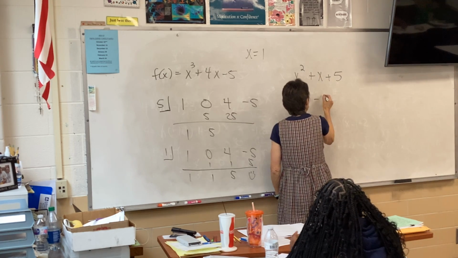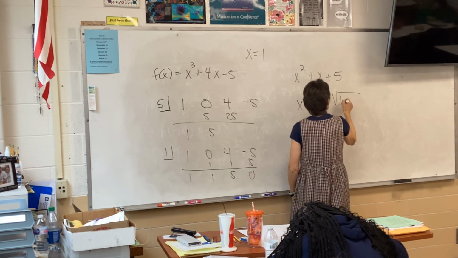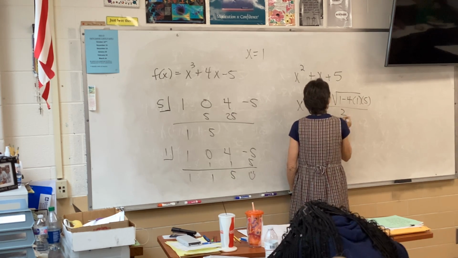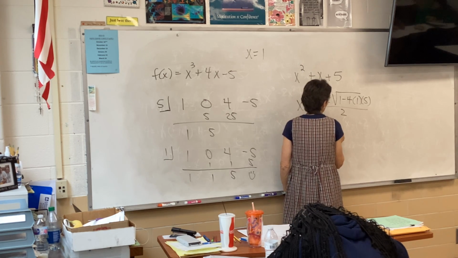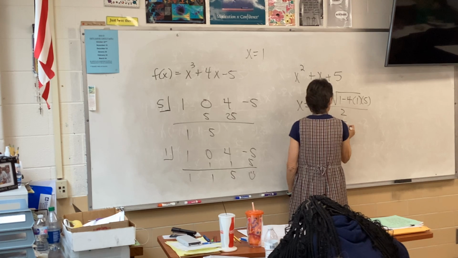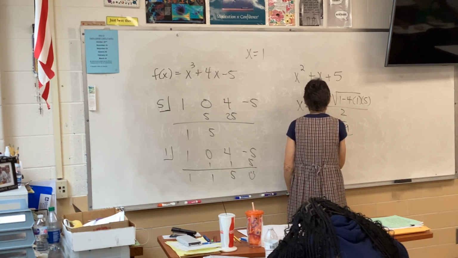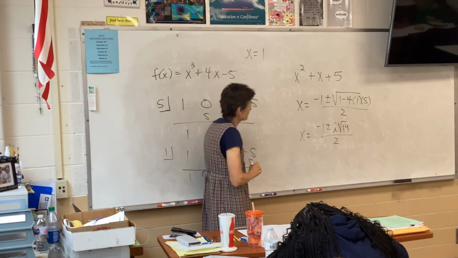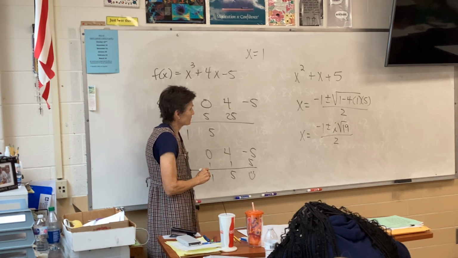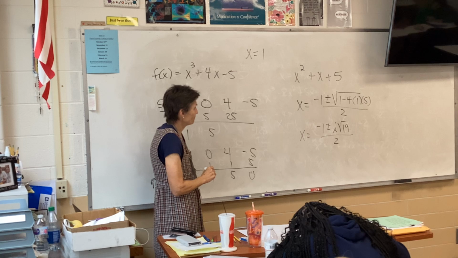So x equals -b plus or minus the square root of b squared minus 4ac all over 2a. I got that. Is that right? -19 under there?